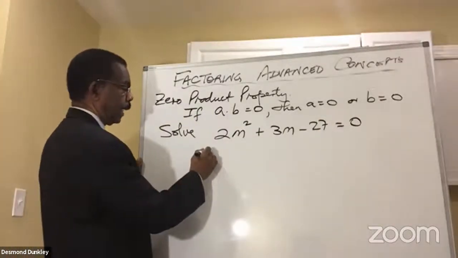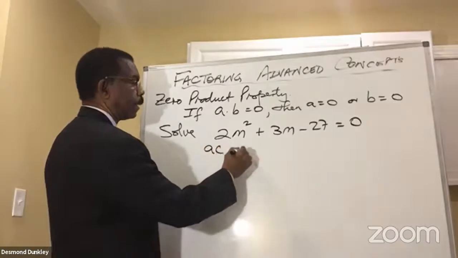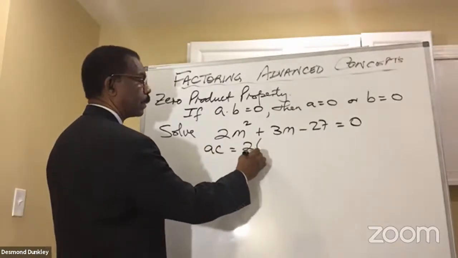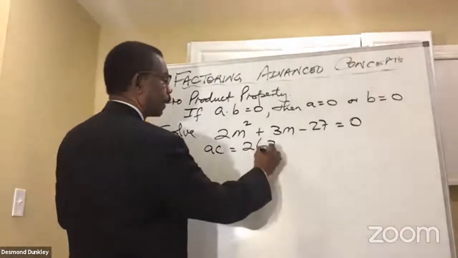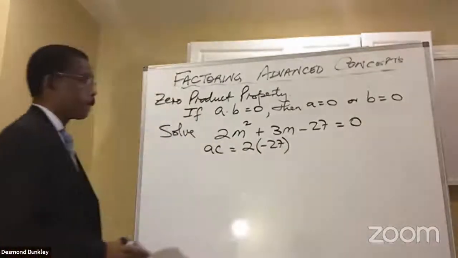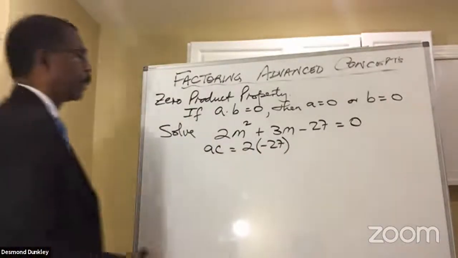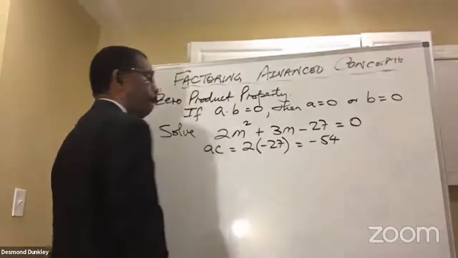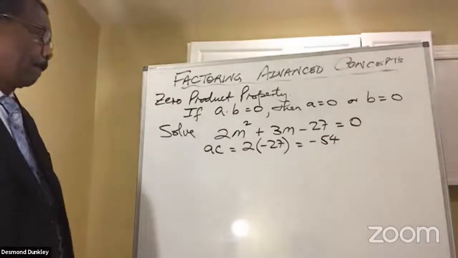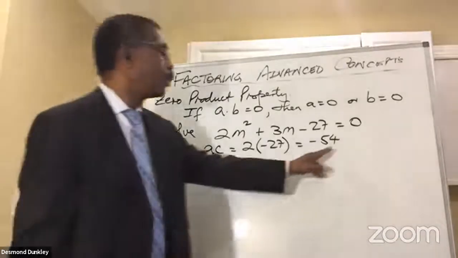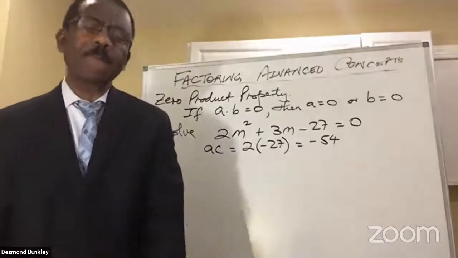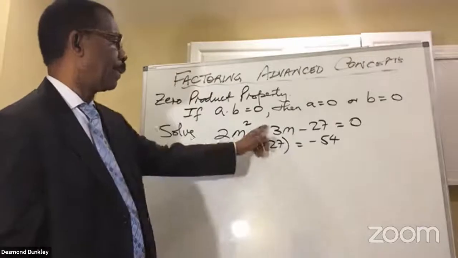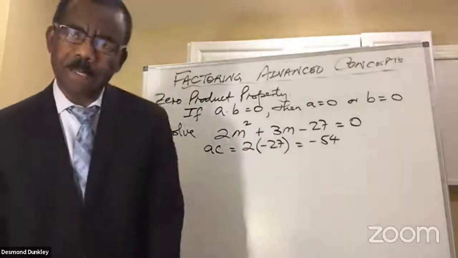Well, AC is equal to 2 times -27, equal to -54. What two numbers multiply to give us -54 and add to give us +3?